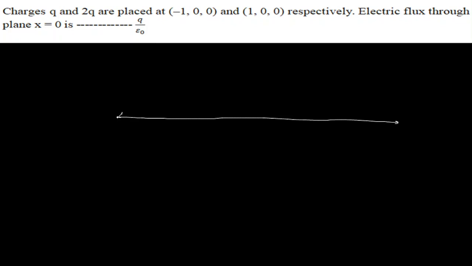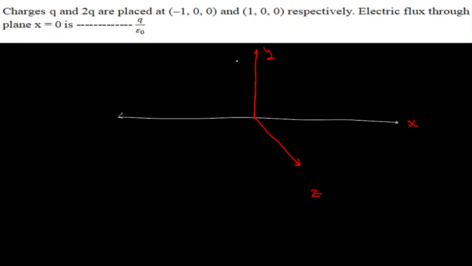So let's say this is the x-axis. x equals 0 plane means the yz plane. If this is the x-axis, let's say this is the y-axis and this is the z-axis.